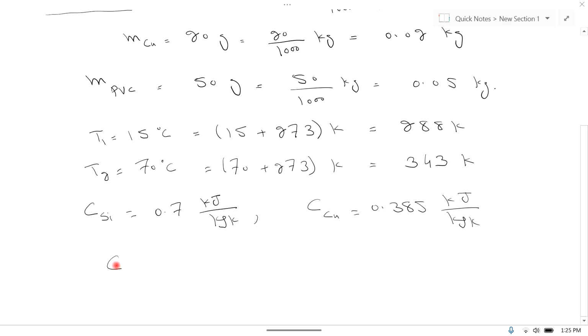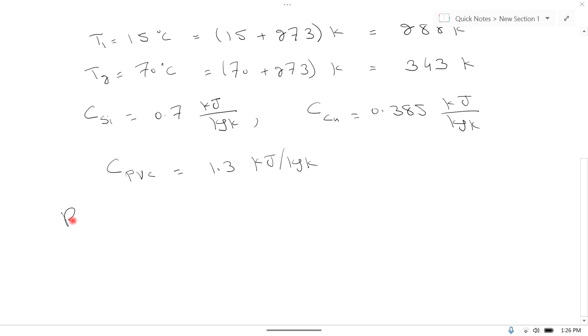And heat capacity of polyvinyl chloride is 1.3 kilojoule per kilogram per Kelvin.